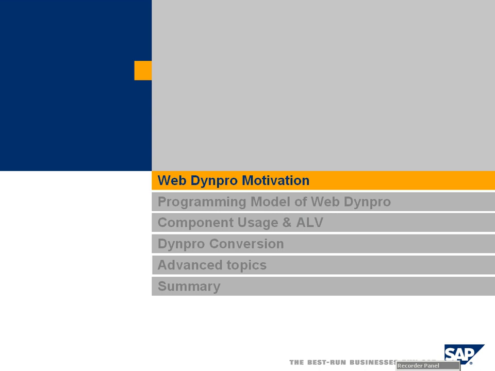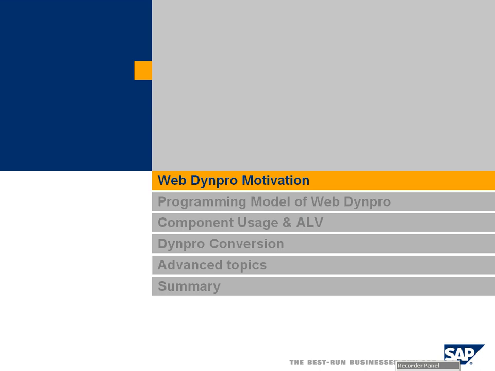And as an example, we will take the ALV, the SAP list viewer control, and we will also see how to convert the existing Dynpro screens to Web Dynpro, and we will also cover some of the advanced topics like dynamic Web Dynpro programming and portal integration and ALV integration, things like that.